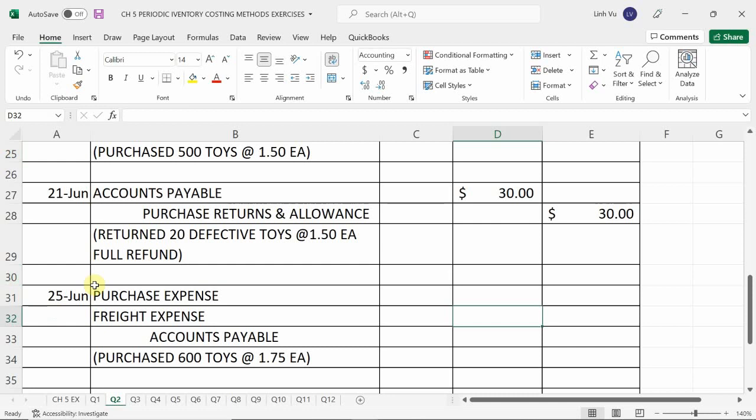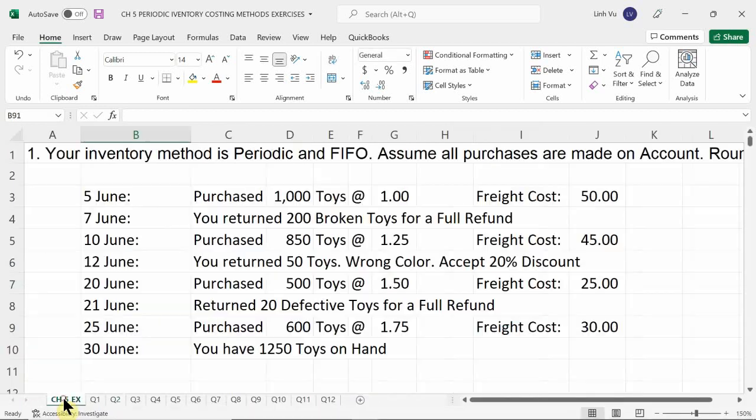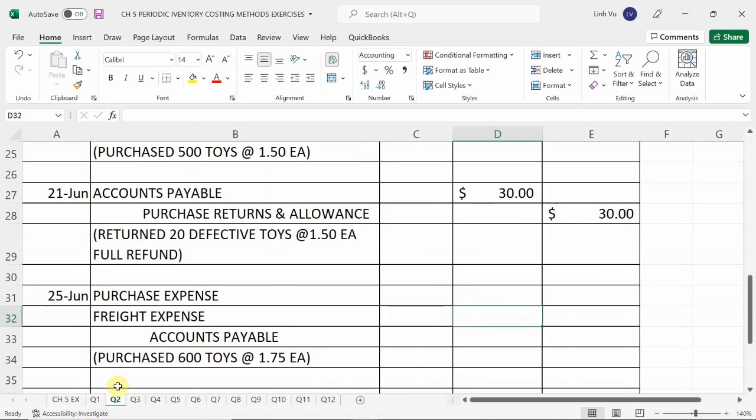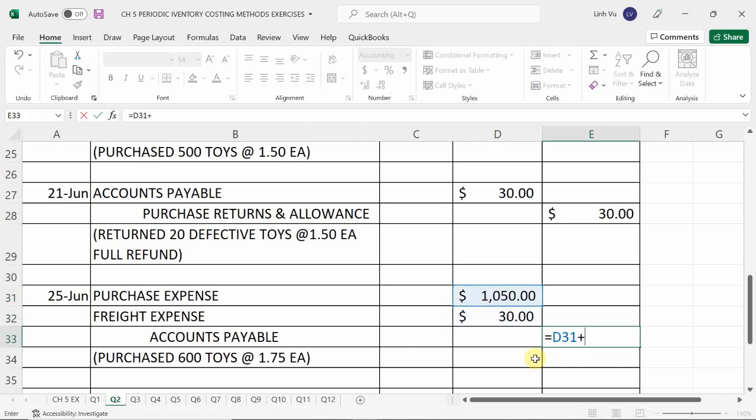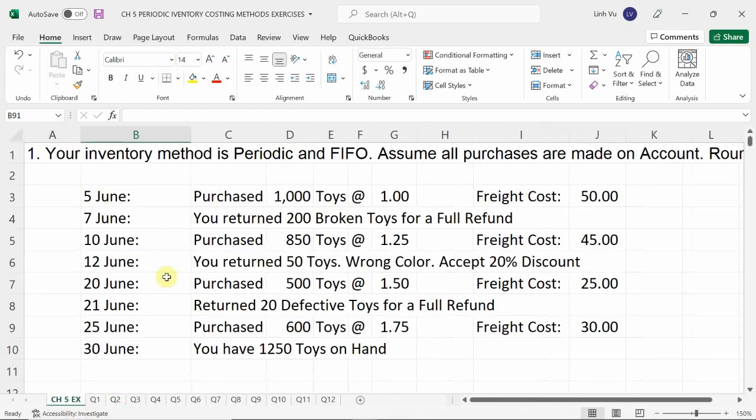Did I buy 600? 600 toys at $1.75, yes. So 600 at $1.75 should have given you a purchase of $1,050 plus $30 freight gave you $1,080. We already solved that from calculating in our journal. So this is what we need to see.